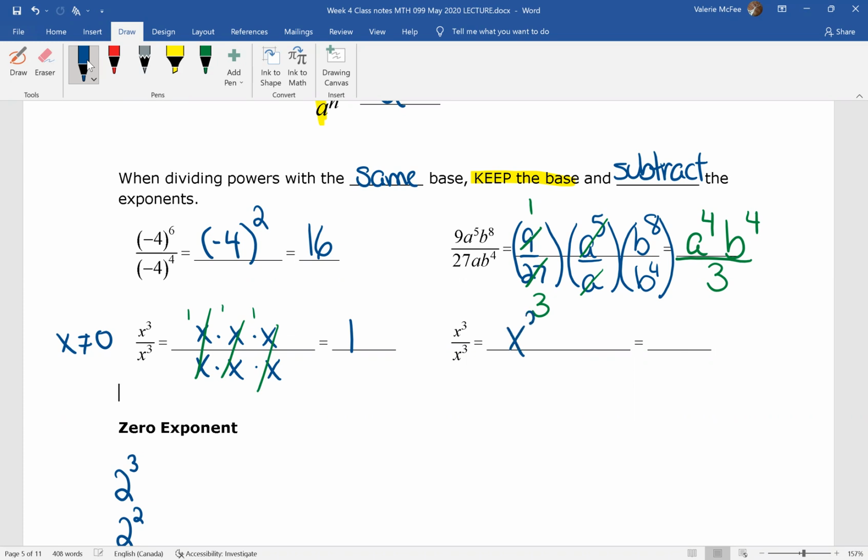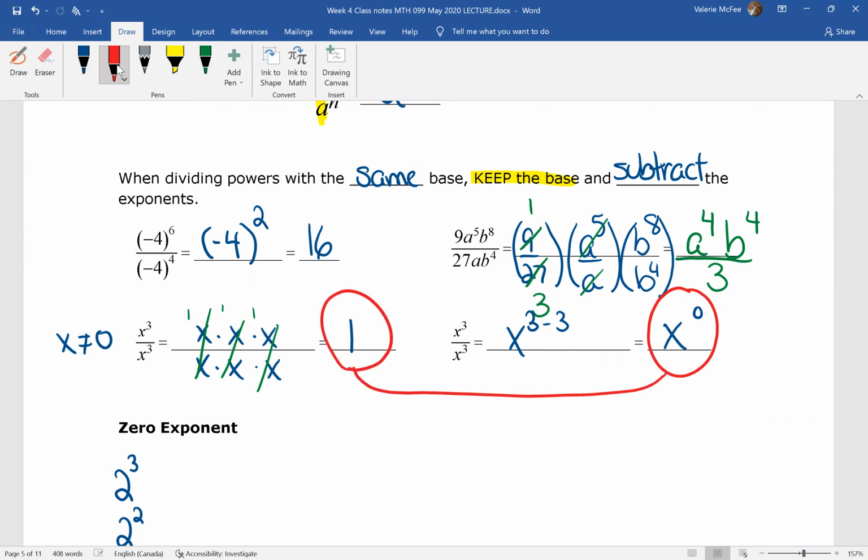Keep the base and subtract the exponents. This is x to the power of 0. X to the power of 0 equals 1. In fact, as long as x does not equal 0, any number raised to the power of 0 will always equal 1.